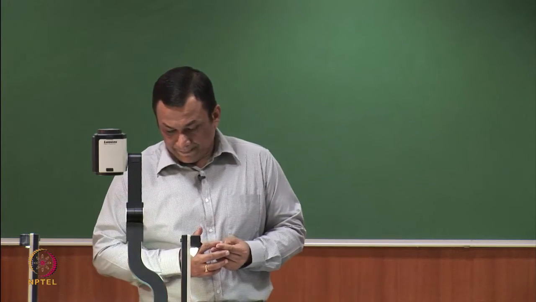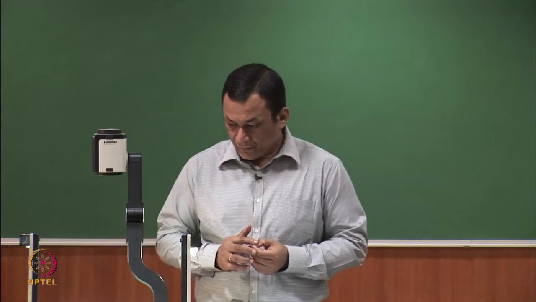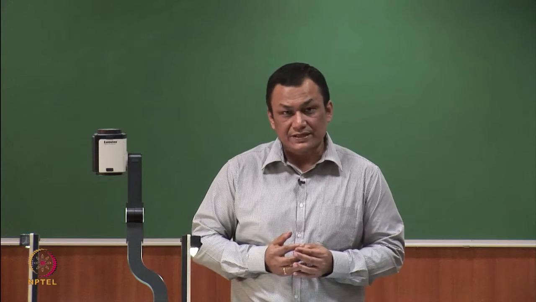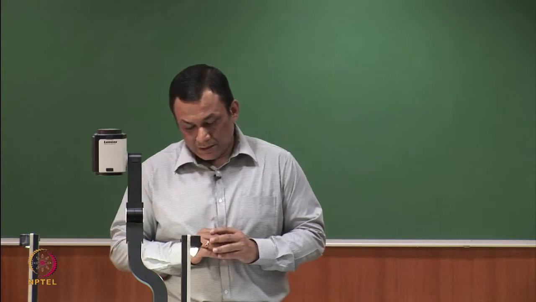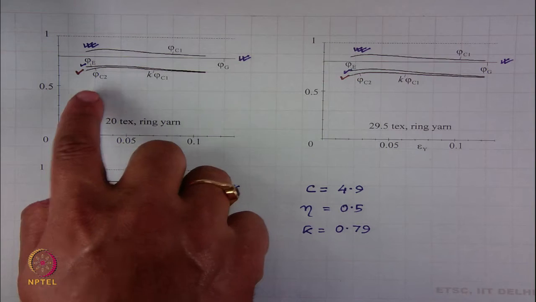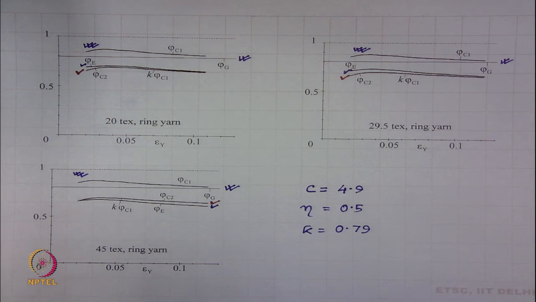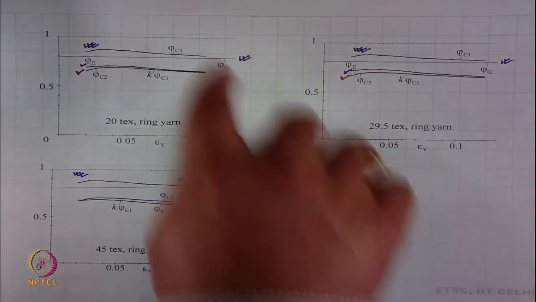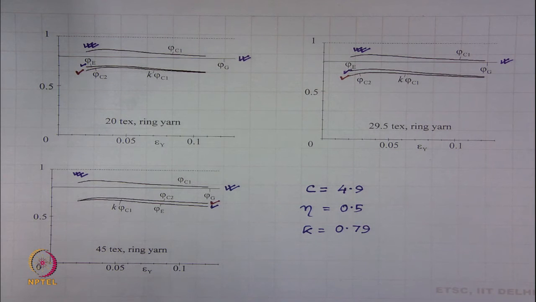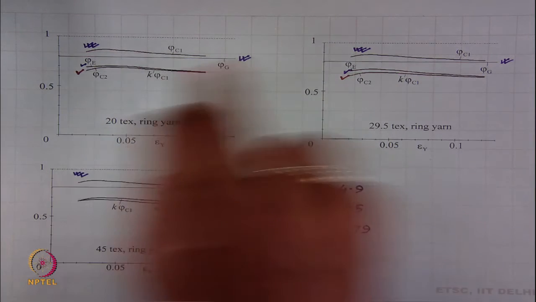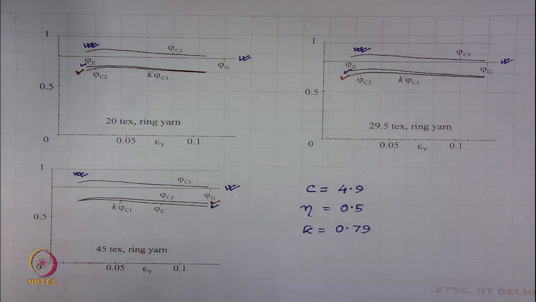Now, an obvious question arises. It is quite clear that phi subscript C2 is very close to experimental results, and when we multiply phi C1 by some factor k, 0.79, then also it gives very close results. However, phi subscript C1 is always staying much above the experimental results.